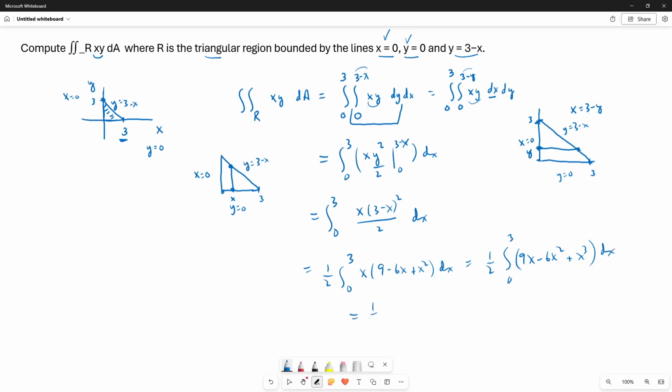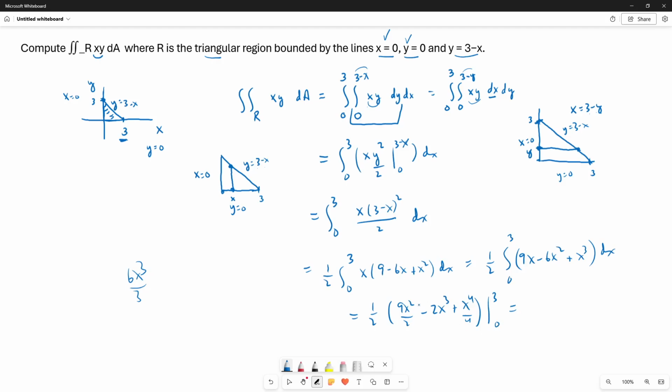And this gives us, as an antiderivative, 9x squared over 2 minus 6x cubed over 3, which we can see is 2x cubed, and then plus x to the 4th over 4. We have to plug in 3 and 0 and subtract.